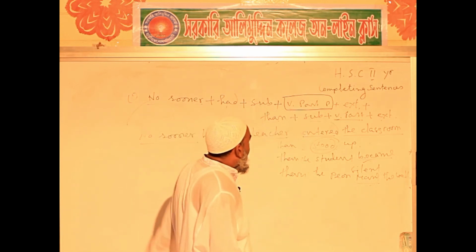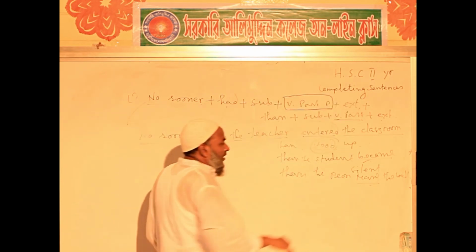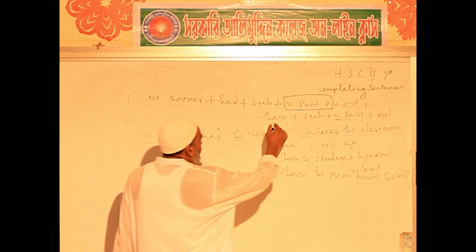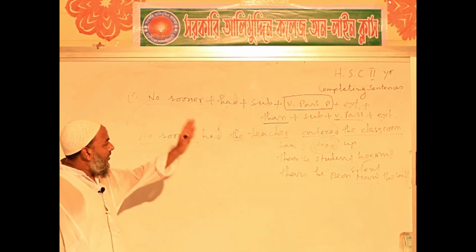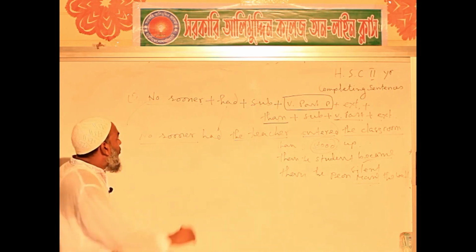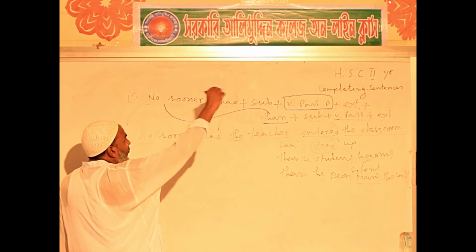And another point: many students write the whole structure, but through forgetfulness or carelessness, they forget to write then. They don't write then. So if they cannot write then, it is an incomplete structure, because with no sooner, there must be then. This is the relationship of correlatives.